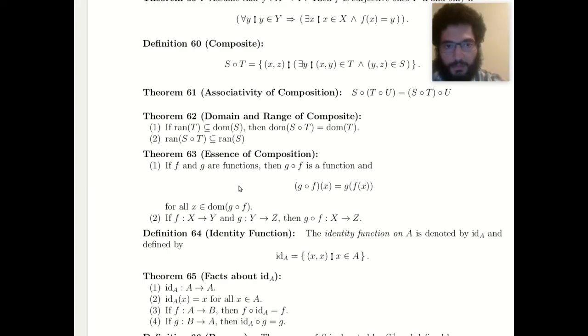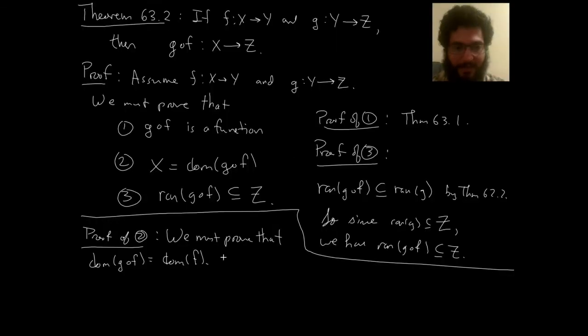Right? But if you look back here, this is why we cared about this assumption that gets us equality. If you want the domain of a composite to equal the domain of the sort of first thing in the composite, the right-hand thing, if you want this equality, then you need this to hold. So we need the range of the right thing to be a subset of the domain of the left thing.